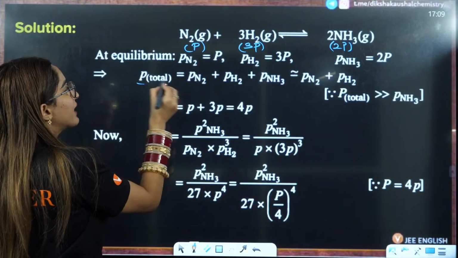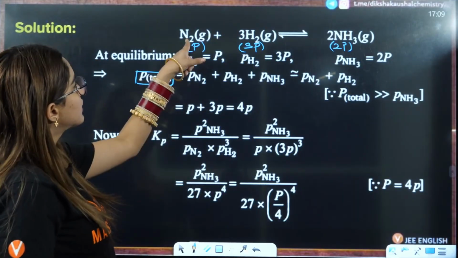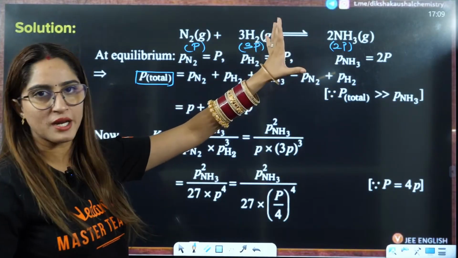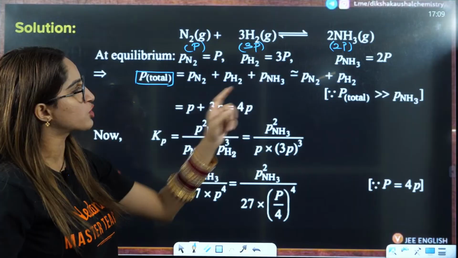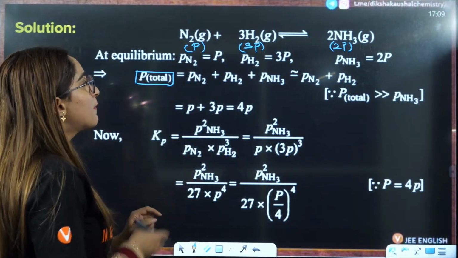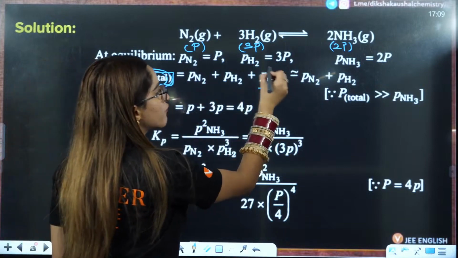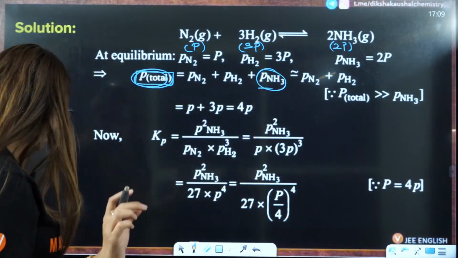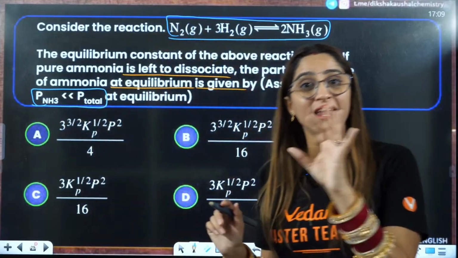Now, when you write the total pressure at equilibrium, it is this pressure plus this pressure plus this pressure. That is pressure of N2 plus pressure of H2 plus pressure of NH3, right? But we have seen that compared to total pressure, the pressure of NH3 is very, very small. That is given in the question. At equilibrium, the pressure of NH3 is very small.